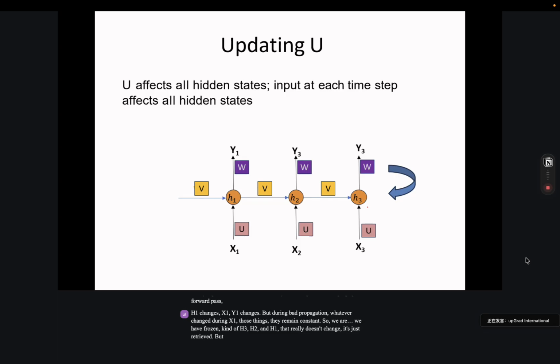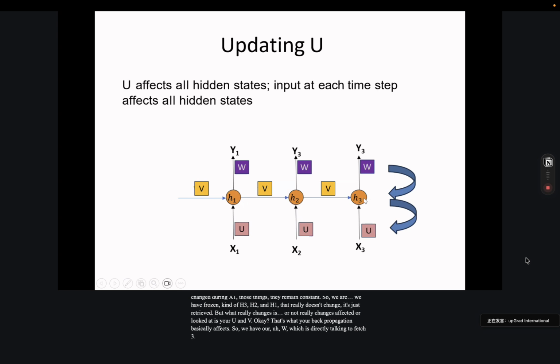What really gets affected or looked at is your U and V. That's what your back propagation basically affects. So we have our W, which is directly talking to H3, and from H3 we go to the U component. We update the U component.